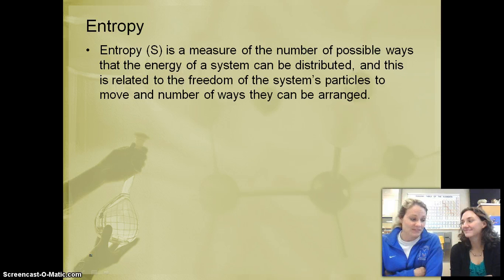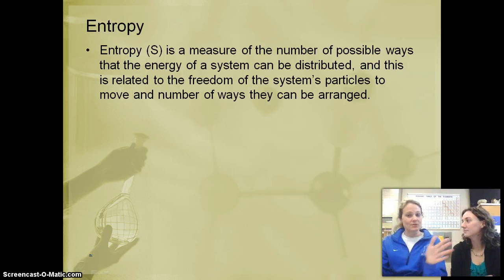The more the particles can move around, bump into each other and move away from each other, the higher the entropy, like gases. If your particles are stuck very close together and can barely move, like solids, you're going to have a low entropy. Entropy is the freedom.